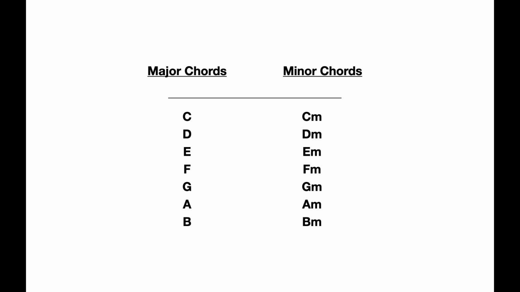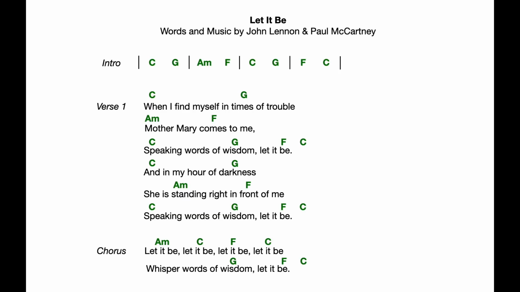So if you were to go onto Google, for instance, and type in Let It Be by the Beatles, you're going to come across something that looks like this. These are the lyrics of the song, and the chord you can see in green here is written above it. And now what you can do with this technique is you can look through all of these chords of this song and work out the notes.